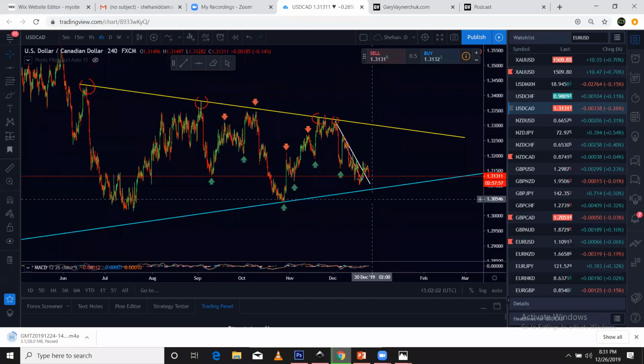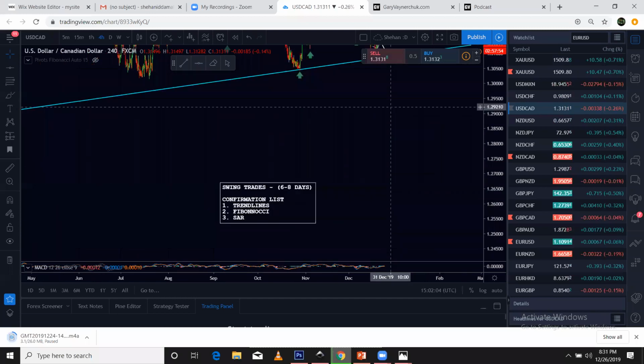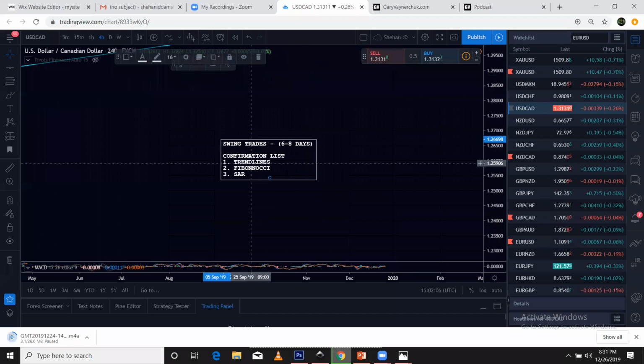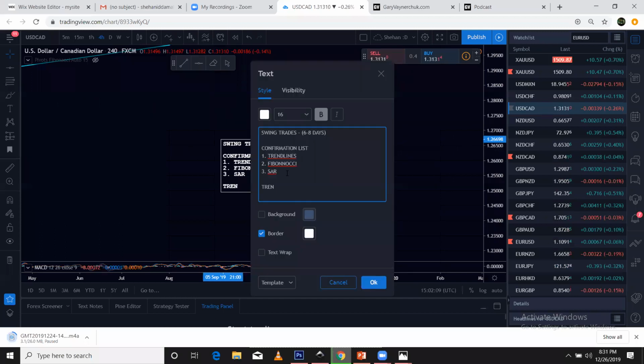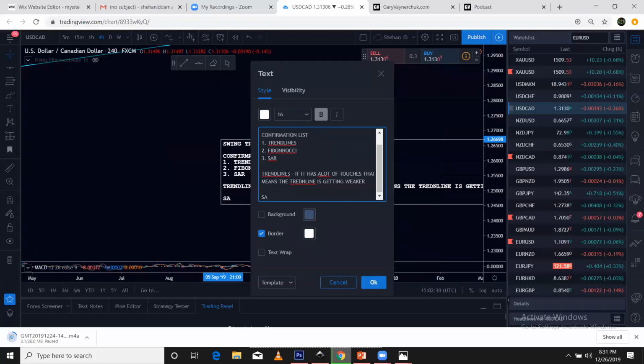There are times the market will break it. All right, I forgot to tell you this. In trend lines, if it has a lot of touches, that means the trend line is getting weaker. But in support and resistance lines, more touches, more stronger.